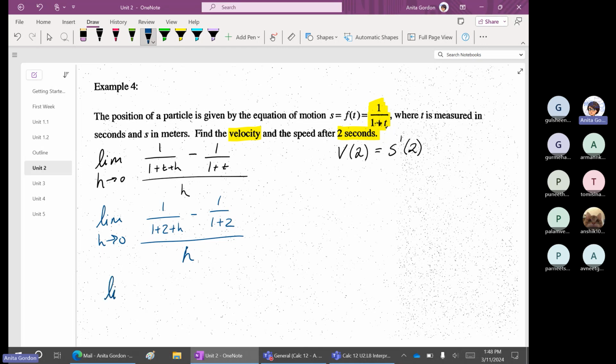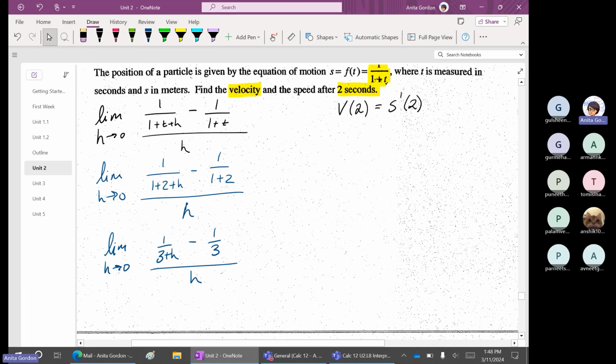So this is the limit as h approaches 0 of 1 over 3 plus h minus 1 over 3 all over h. I have a stacked fraction, so let us multiply top and bottom by 3 times 3 plus h.